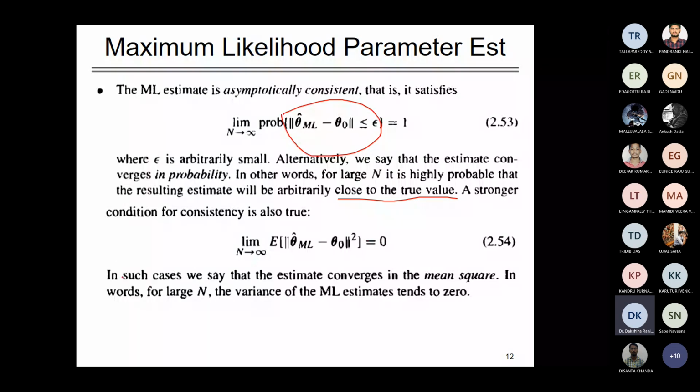So what will be the interpretation of this limit that we are taking over the square of these deviations? Here we can say that the estimate converges in the mean square. In other words, if we have a large number of samples, then the variance of the maximum likelihood estimate will tend to 0.